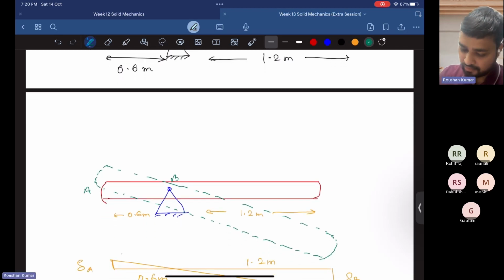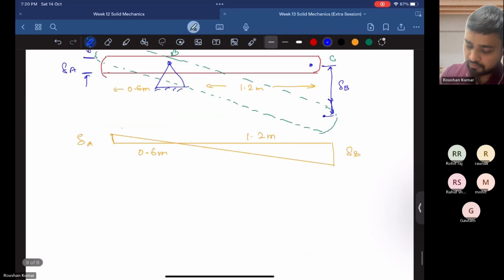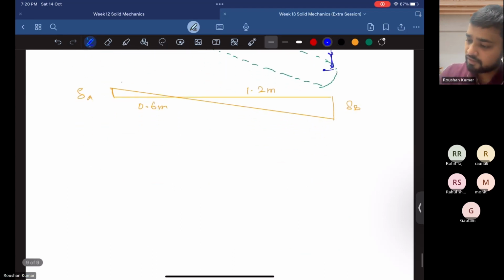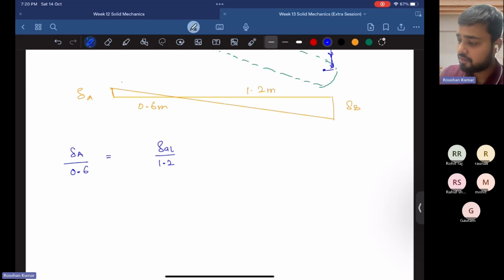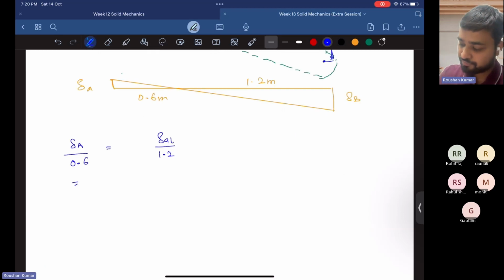This is point B, A, and C. There is a change in length, that is delta A, and there is also a change in length, that is delta B. Now using this concept, delta at point A upon 0.6 is equal to delta of aluminum upon 1.2, because the change in length in the aluminum is given by delta of aluminum upon 1.2.